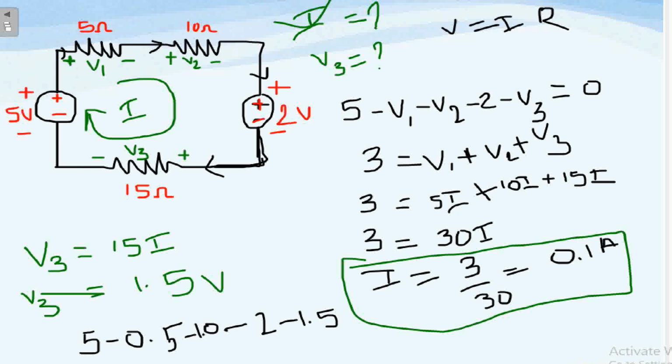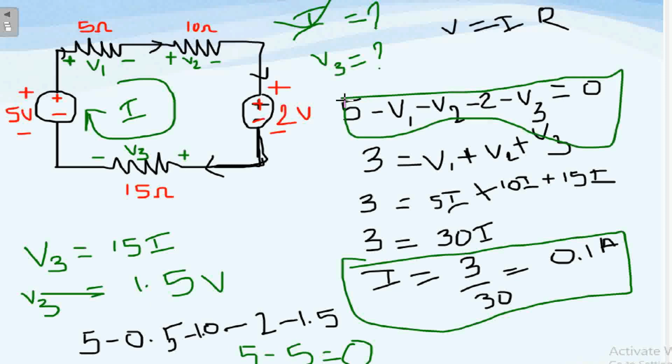So totally we got 5 minus 5, so the value is 0. By substituting the individual values in this equation, we got 5 minus 5 equal to 0. Hence KVL is verified.